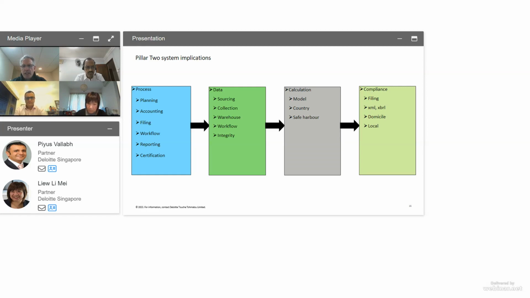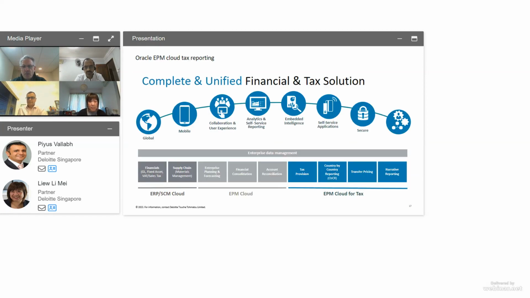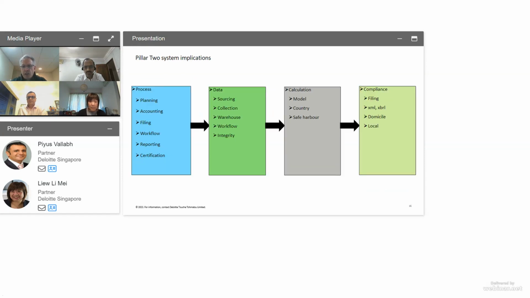Let's go on to our next topic, which is calculation and calculation model. Let's just stay back on the previous slide, please. So calculation and the calculation model for Pillar 2, a country level model, and then also safe harbor testing as well. And then last, filing requirements. So filing requirements within country.